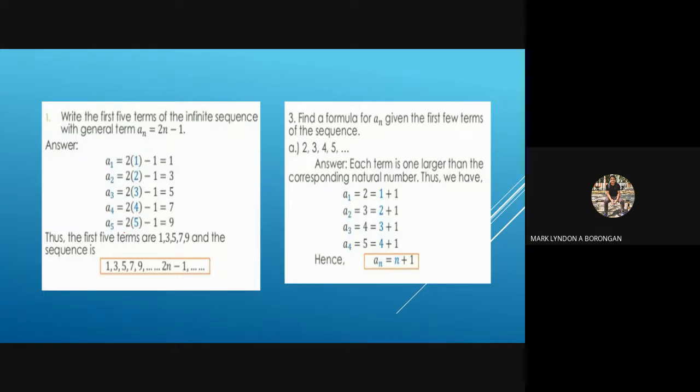So replace n, which is multiplied by 2 since they are adjacent. So this becomes 2 minus 1, this becomes 4 minus 1, which is 3, and this 6 minus 1, which is 5. Okay, question?